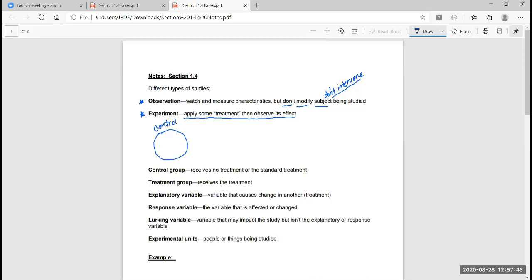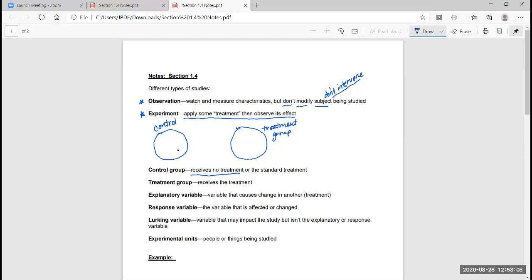And your control group is not going to receive any treatment. So the control group receives no treatment. You're going to compare them to your treatment group. This is the group that gets the treatment.